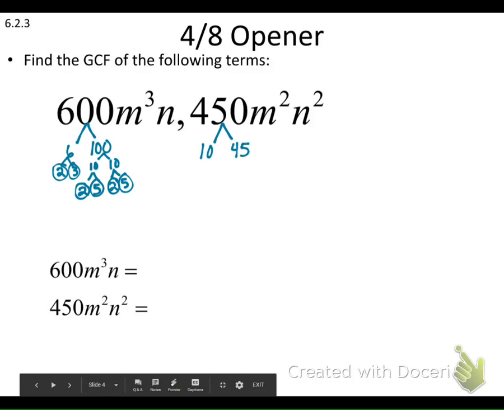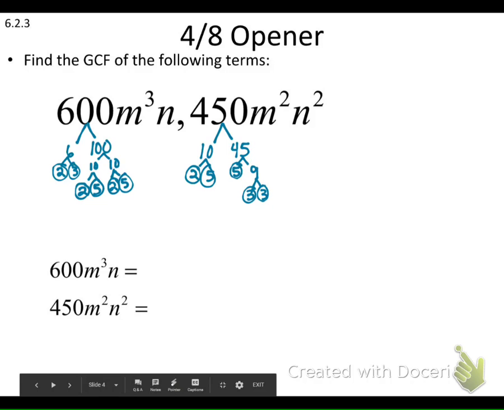We already know the factors for 10 are 2 and 5. What about for 45, you guys? What are two factors of 45? 5 and 9. Good. 5 is prime, so I circle it. What about for 9? 3. So I circle them.